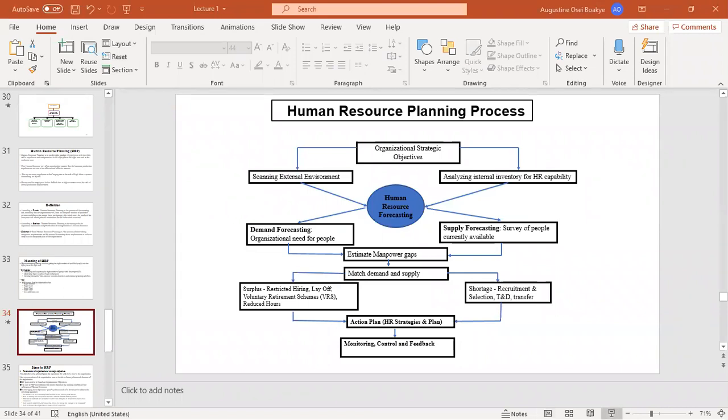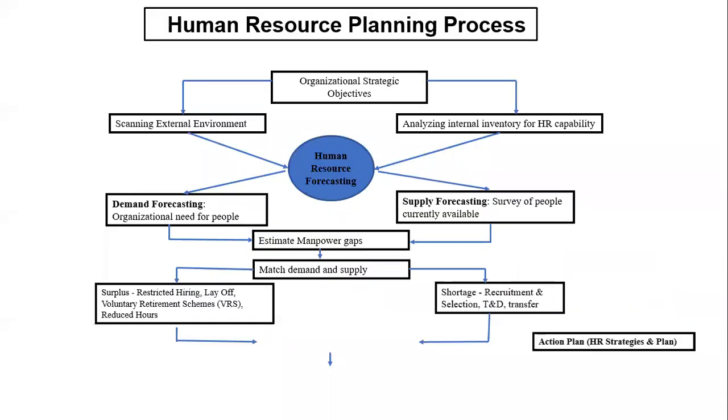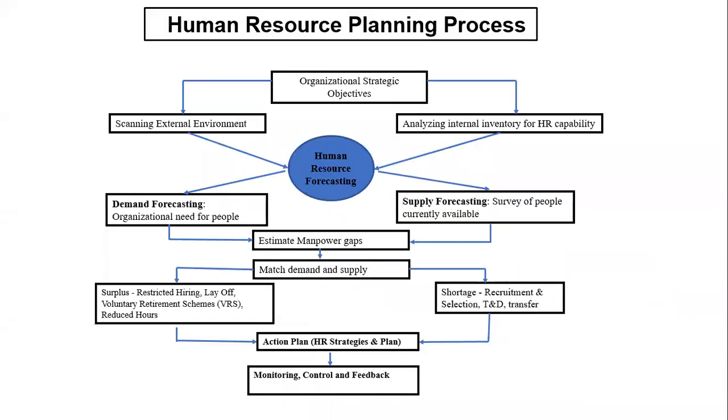So, someone should kindly tell me what you are seeing at the moment. Human resource planning process. Good. And what is the first item? Organizational strategic objectives. Good. And the extreme left, what is it?